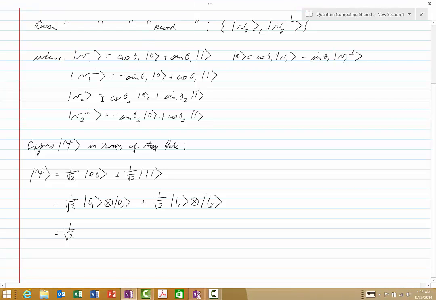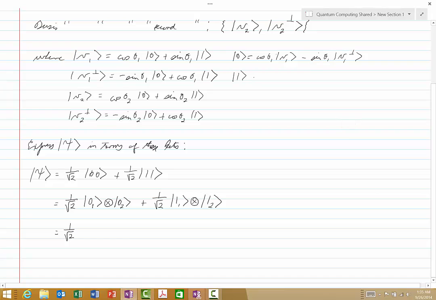You can clearly see this because if we multiply V1 times cosine theta 1 and V1 orthogonal by minus sine theta 1, and then add them together, we'll get cosine squared theta 1 |0> plus sine squared theta 1 |0>. So we'll get |0>, and then for the terms multiplying the |1>, we'll get cosine theta 1 sine theta 1 minus sine theta 1 cosine theta 1, so that will drop out.